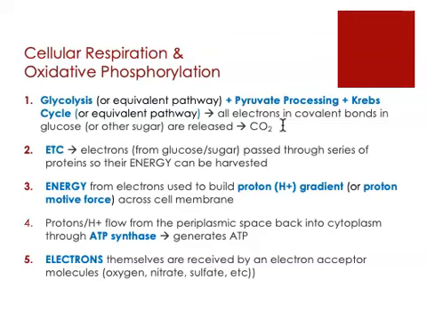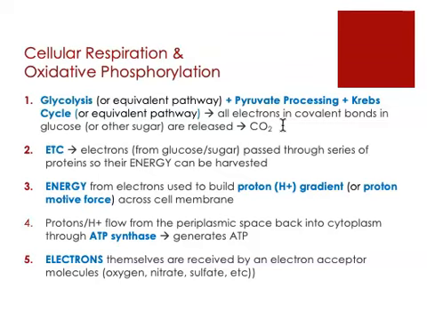Now, all of the electrons that get released from glucose during this process of cellular respiration have to go somewhere, and the place where they go is this structure called the electron transport chain.